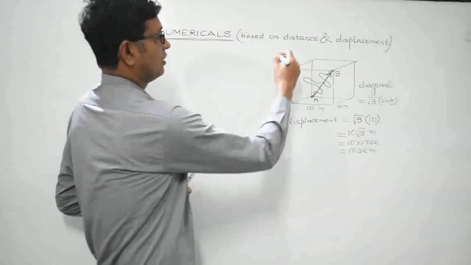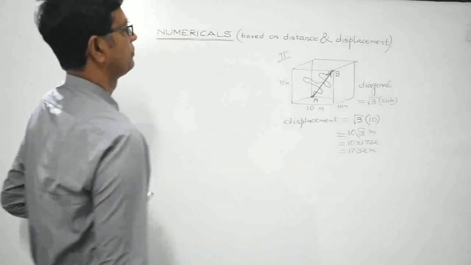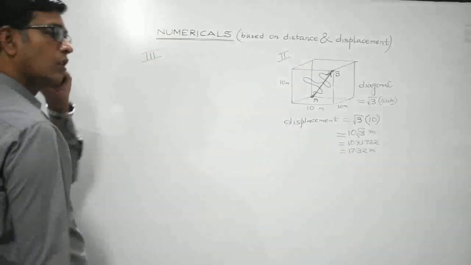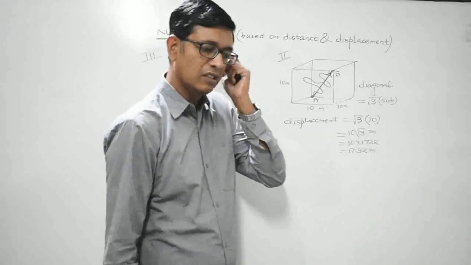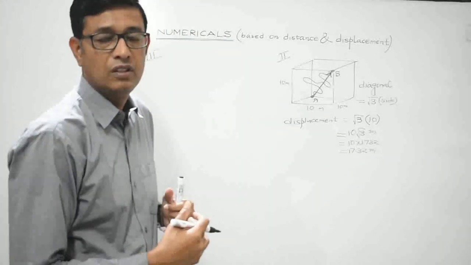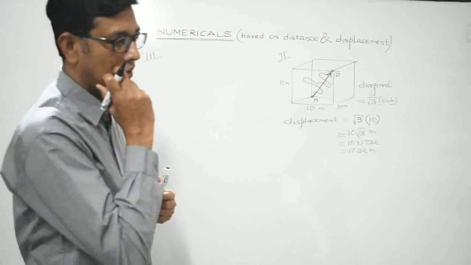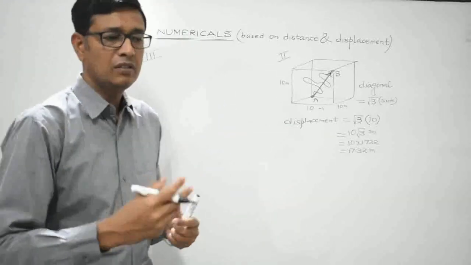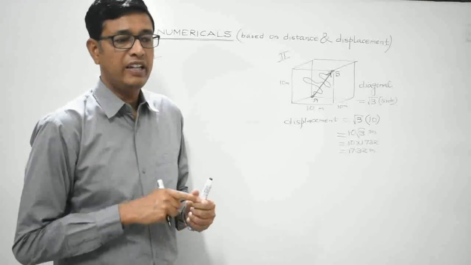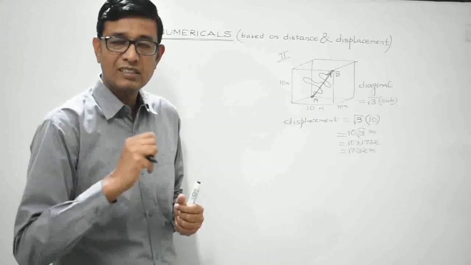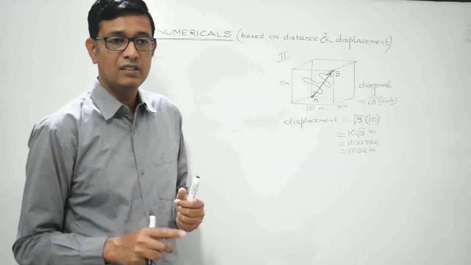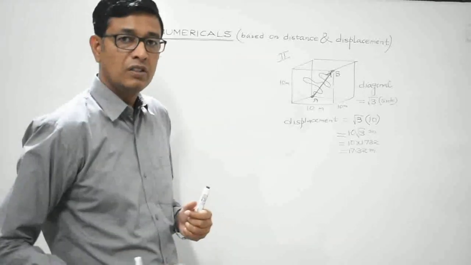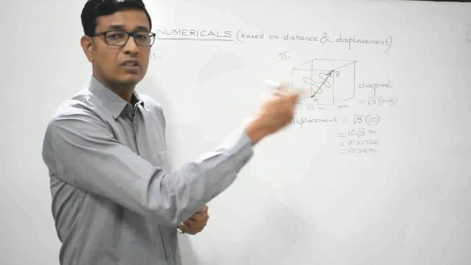Let's consider another example. Third one. Here we will consider the directions north, south, west, east. Suppose a person moves 8 meter towards east and then he turns towards his left and moves 6 meter towards north.